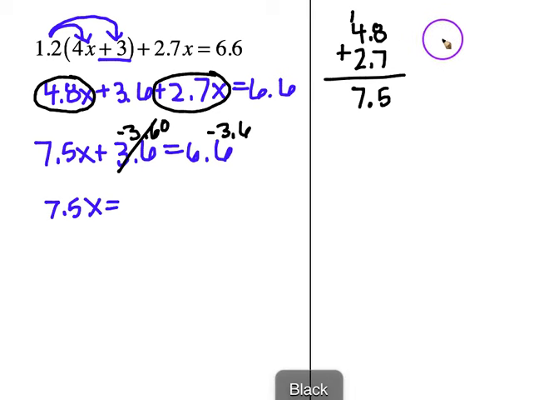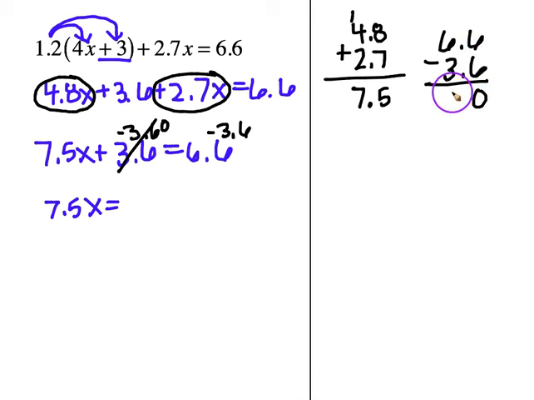We have 6 and 6 tenths minus 3 and 6 tenths. 6 minus 6 is 0. 6 minus 3 is 3. So it's 3 and 0 tenths. Do I really need this 0? I would say no. So I'm just going to go ahead and write it as 7 and 5 tenths x equals 3.